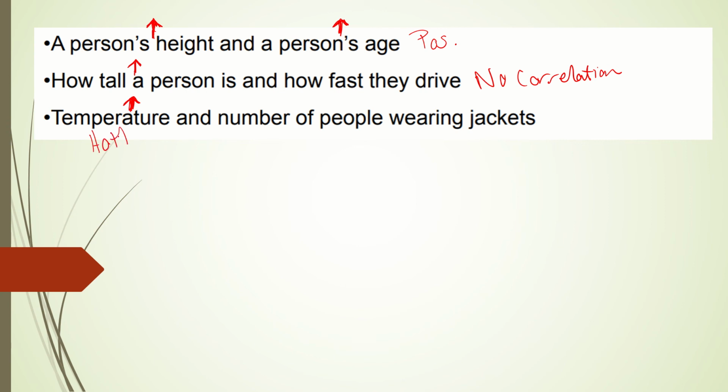It's getting hotter. So does that change what your first answer was? If it's getting hotter, what typically is happening to the number of people wearing jackets? That's decreasing. The hotter it gets, the fewer people are wearing jackets. So this would be a negative correlation.